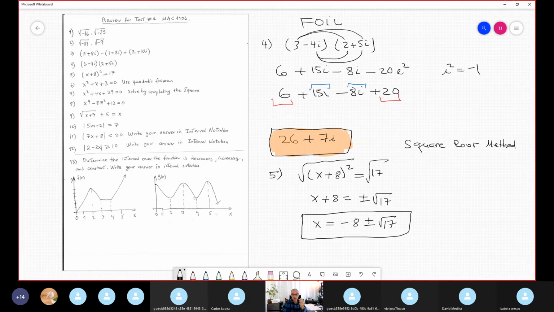Leave it like that. Actually, we have 2 solutions, no? It's minus a plus radical 17, and minus a minus radical 17. If you want, you copy separately and separate by comma. So you're using the double sign plus and minus. It's the same. Separate by comma, no?